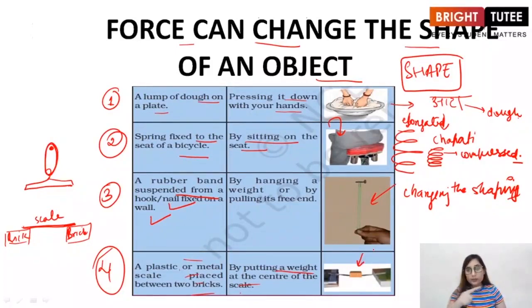Now the scale will somehow bend, right? The scale is now not straight, it has bent now. So what does this mean? That the force that was applied due to the weight kept on the scale has changed the shape of the scale, right? So in all these examples, we can understand that force can change the shape of an object, right?